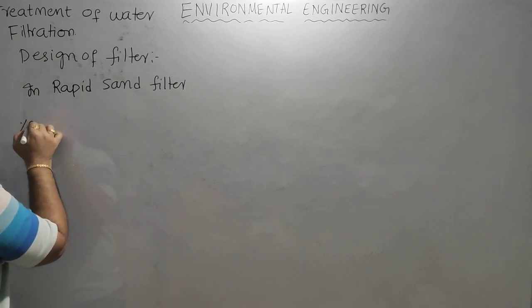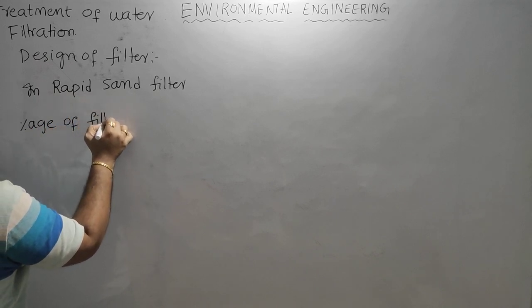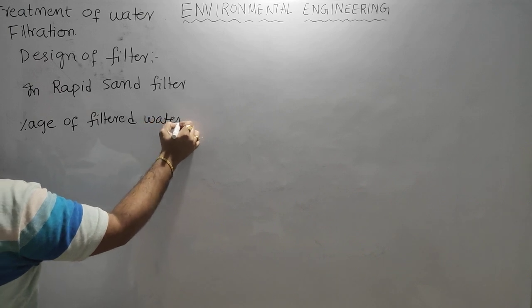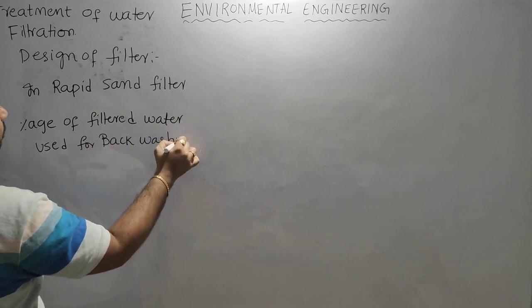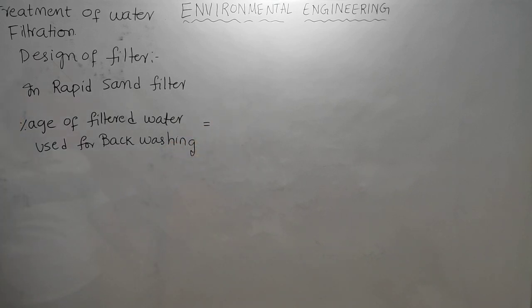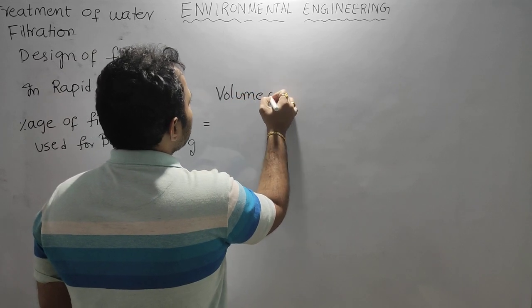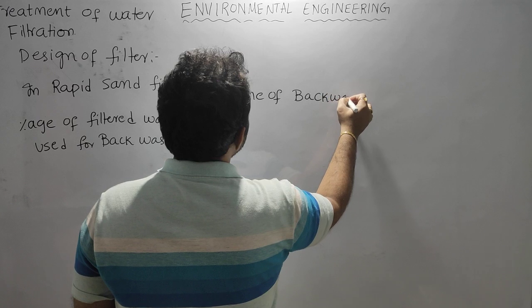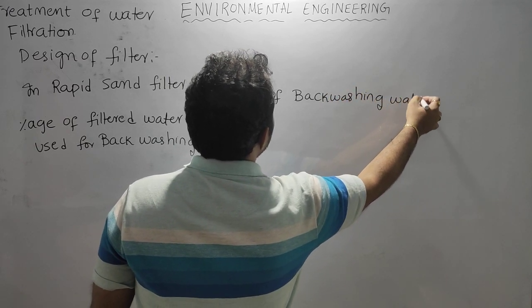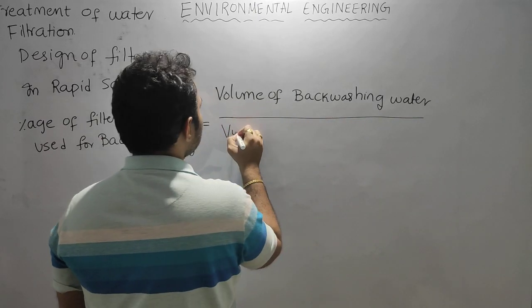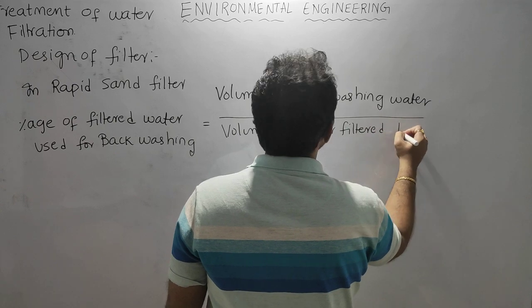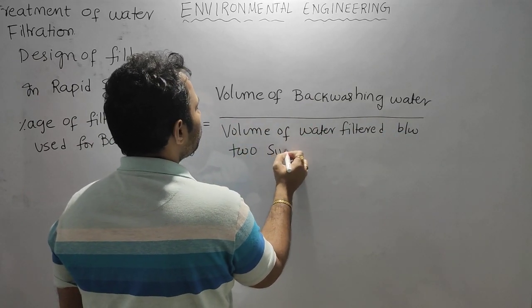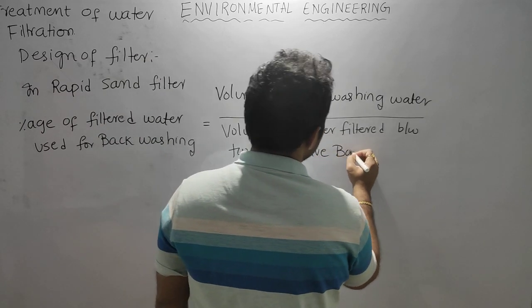If they are asking you the percentage of filtered water used for backwashing, it is nothing but the volume of the backwashing water divided by the volume of water filtered between two successive backwashes.